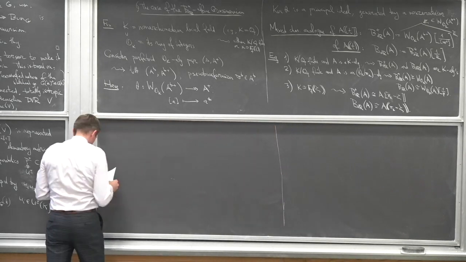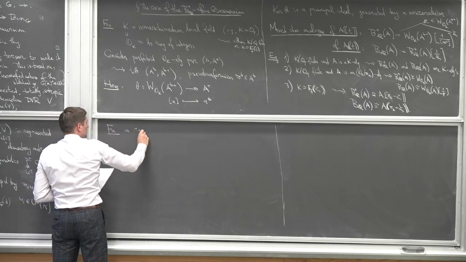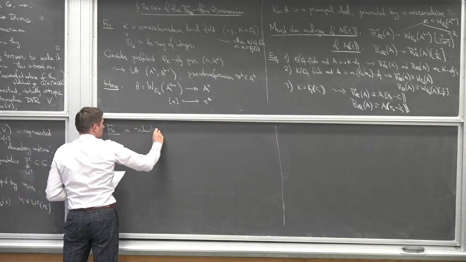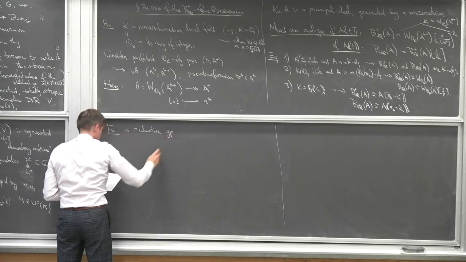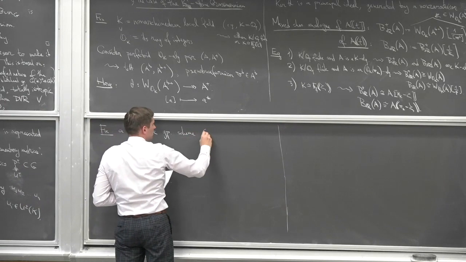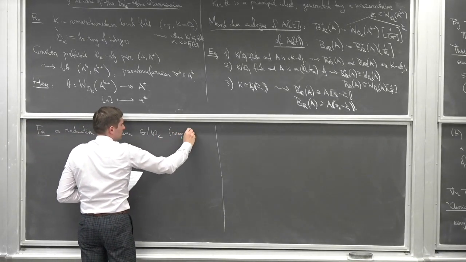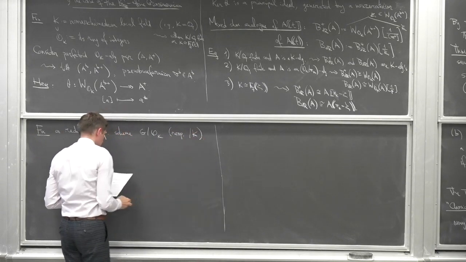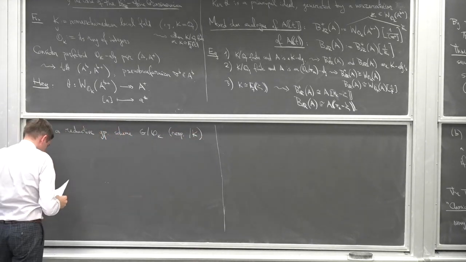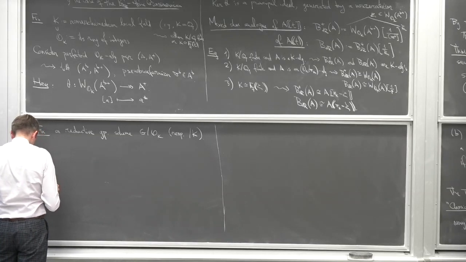But we also need the group, so we fix a reductive group scheme G over O_K, or respectively it could be just over K, if we restrict our test algebras to be K-algebras.